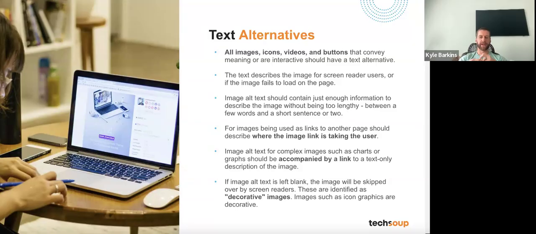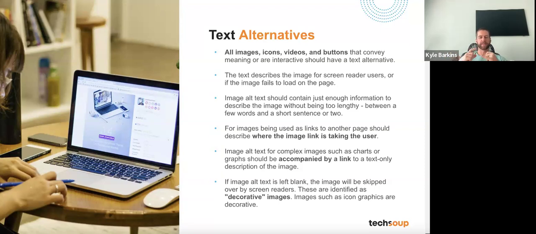Images that have things like graphs, charts, something very complex that can't really be described in alt text. If you have a bunch of data points on a chart, you're not going to explain every single data point on there and how it's laid out. So we would recommend having a link to the text-only description of that image or the data itself.